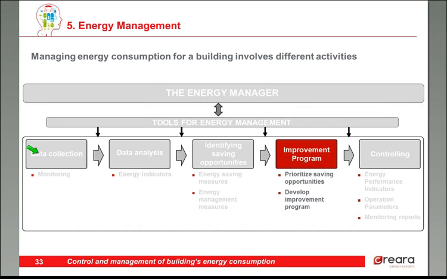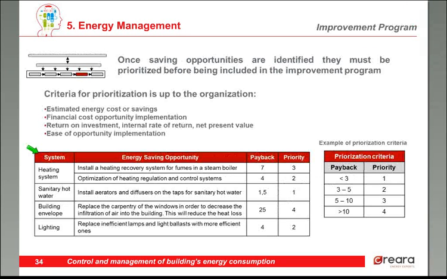Improvement program. As I explained, once we have identified the saving opportunities, we need to decide what to do with this. For this, we need to take a decision on which energy saving measures should be prioritized. And for this, as I said, quantification is very important.